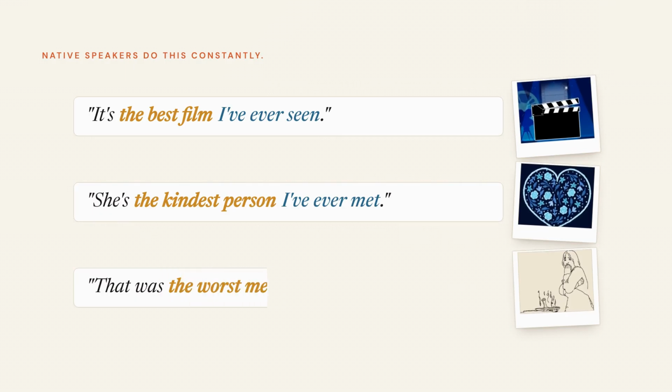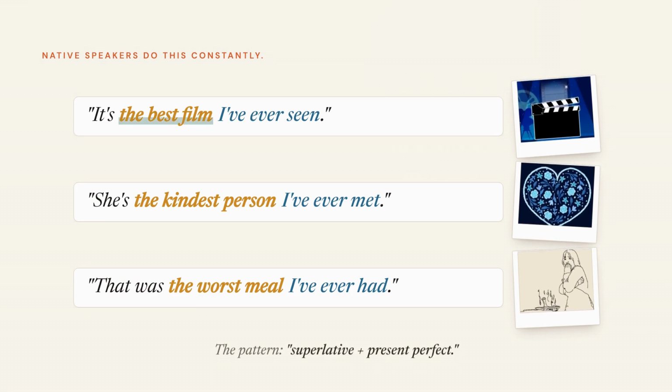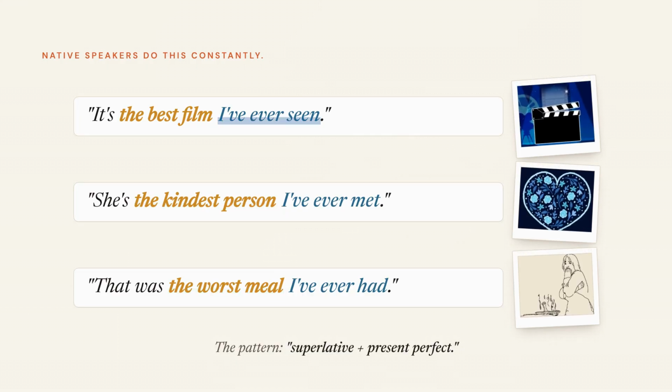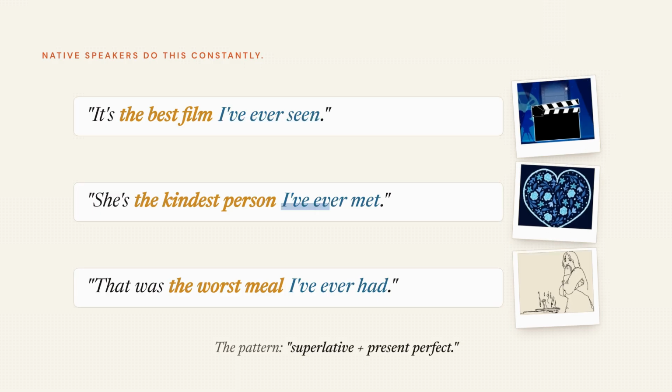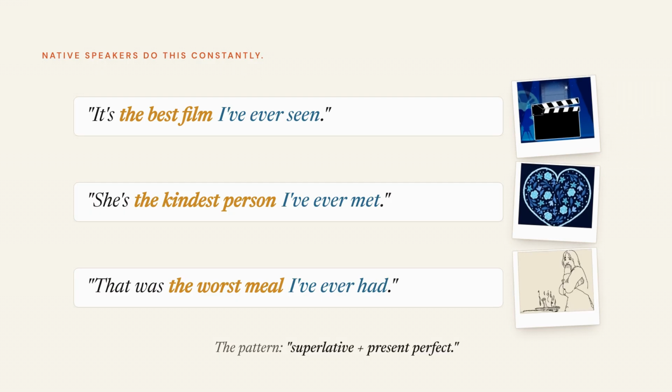That was the worst meal I've ever had. See the pattern? The pattern is superlative plus the present perfect. I've ever seen, I've ever met, I've ever had. It's how we say, out of my whole life, this is number one.